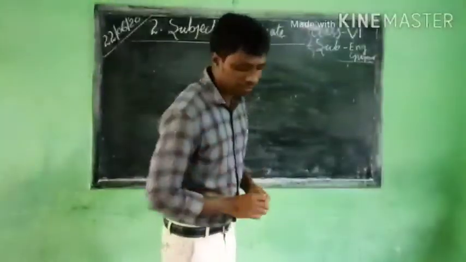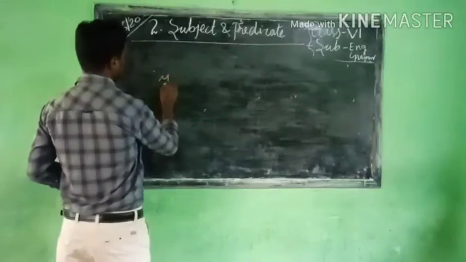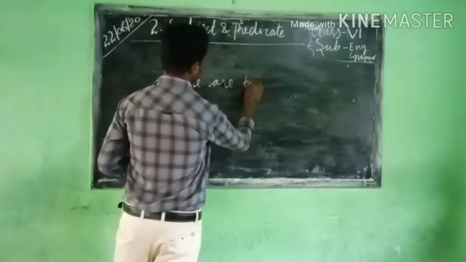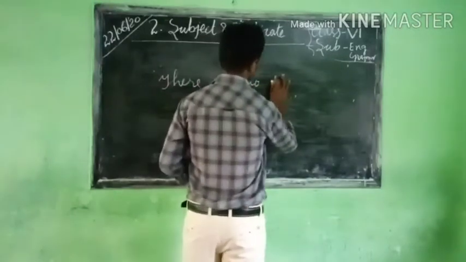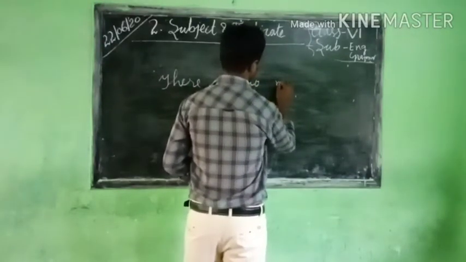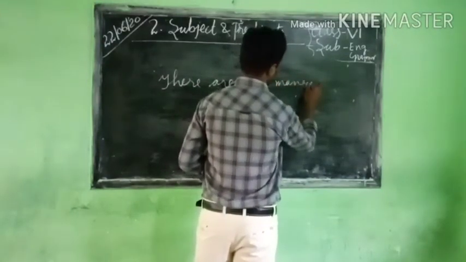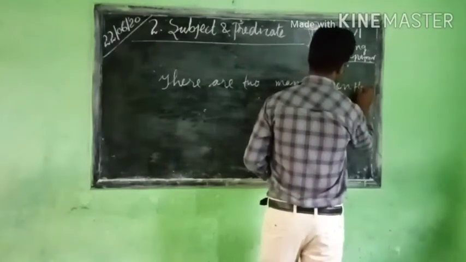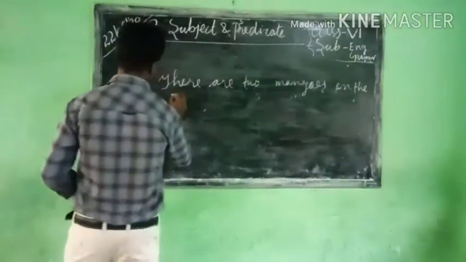For example, see, there are two mangoes on the table.